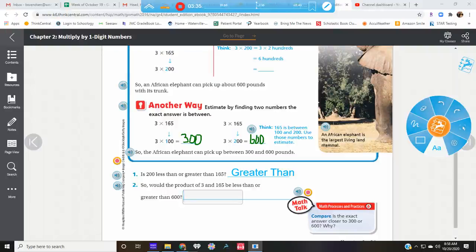So here's where we went. 200 is bigger than our number. So that was where we got our 600. So is 3 times 165 going to be more than 600 or less than 600? In that case, it's going to be less than 600. Okay?